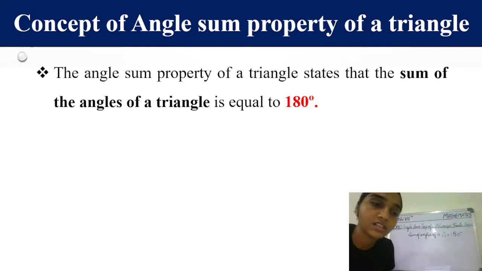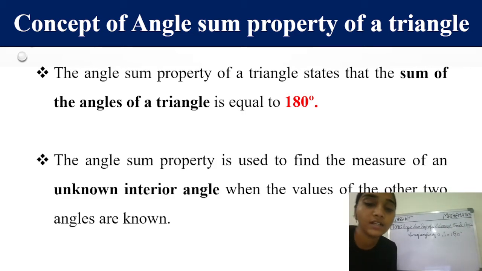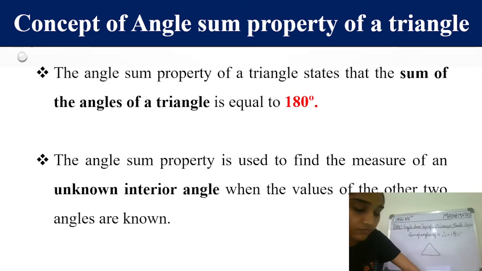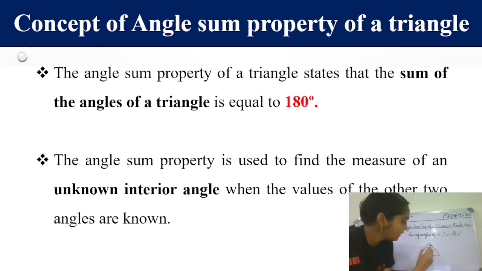So students, this is the concept of the angle sum property of a triangle. Basically, the angle sum property is used to find the measure of an unknown interior angle when we have the values of the other two angles in a triangle. If I draw a triangle for you like this, this property will help us find the unknown interior angle.